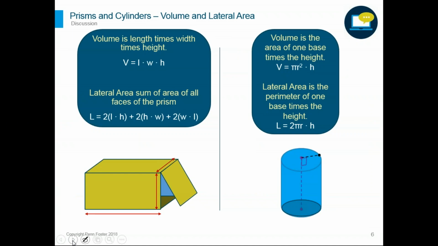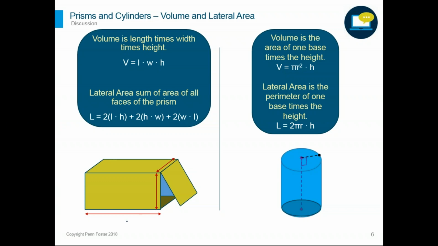Now let's go through some of the solids in this unit. The easiest ones you're going to see are the rectangular prisms or cubes and cylinders, because you may have seen these kind of solids before. And the formulas too are not that complicated. So for the volume, we're going to look at the rectangular prism on the left-hand side of the screen. You need to know the length, width, and height of the solid.